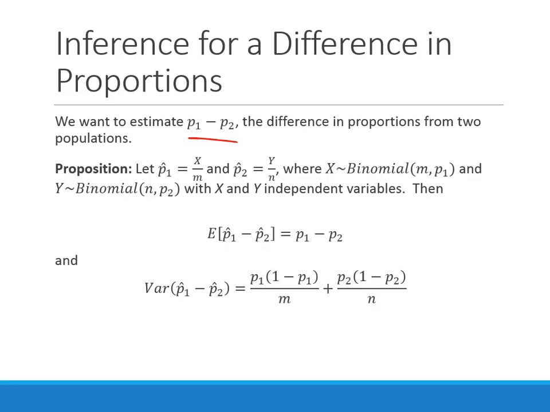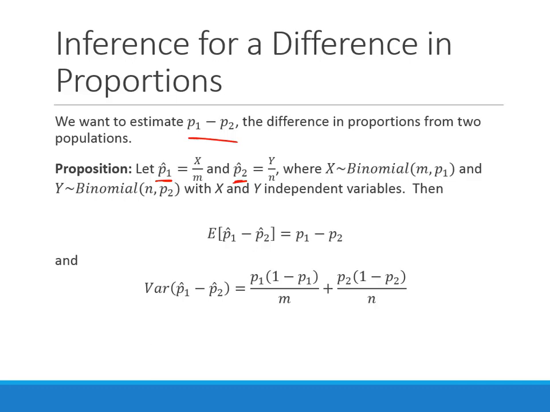So if we have P1 hat and P2 hat from 2 samples, where P1 hat comes from a binomial with m observations and probability of success P1, and P2 hat comes from a different binomial with n trials and probability of success P2, and they're independent, then our estimate will be unbiased. If we take the difference in proportions, it'll be unbiased, and its variance will be that expression there.